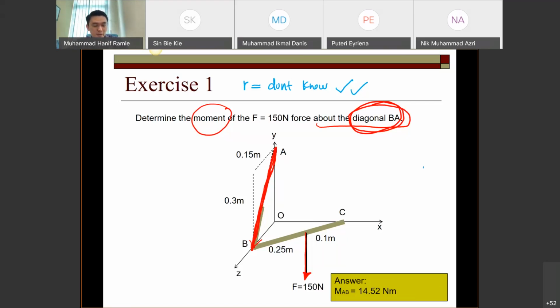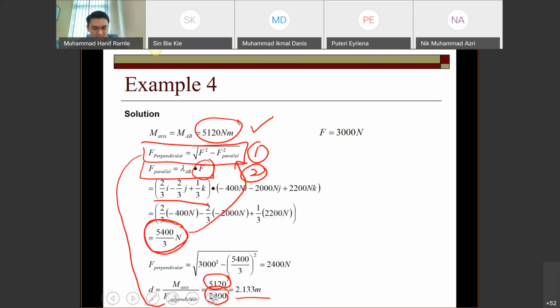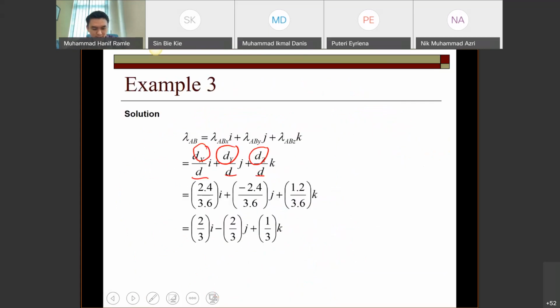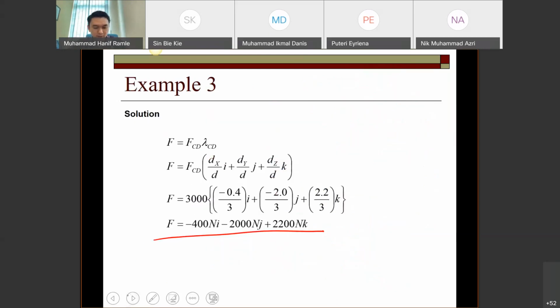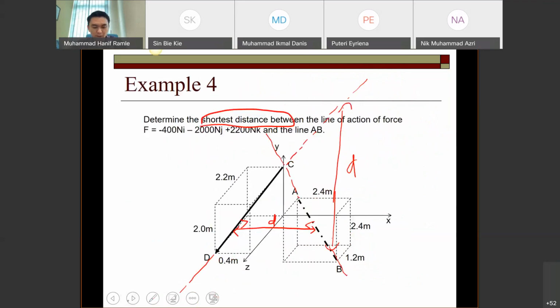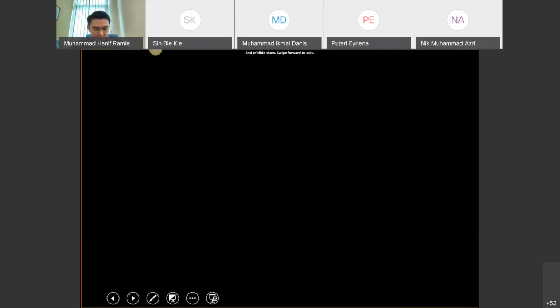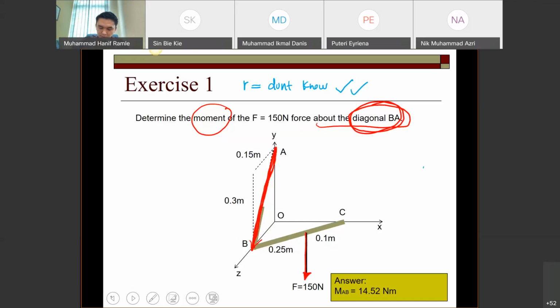It is not similar to example 3. In example 3, the force CD has 2 points: the first point is C, the second point is D. But in exercise 1, there is only 1 point on the force given from the question. The point is here.